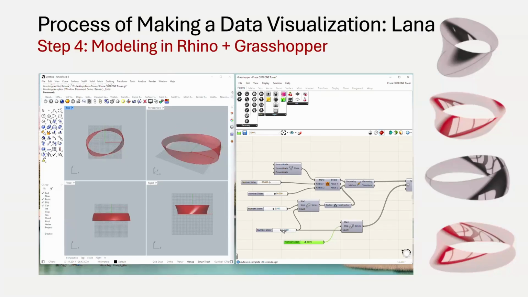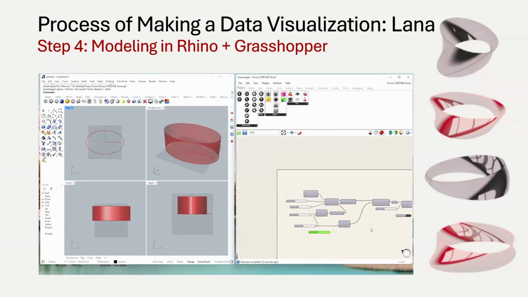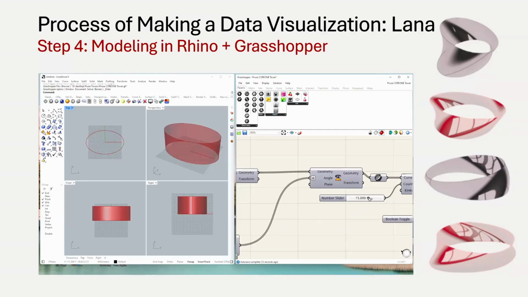And how much it twists. Yeah, this one is very interesting: the larger the number you apply, the more the tower will be rotated. Yeah, same as this one, but a little bit different.